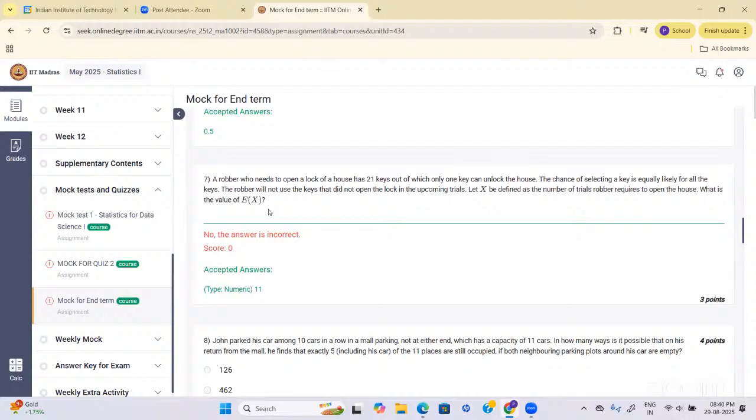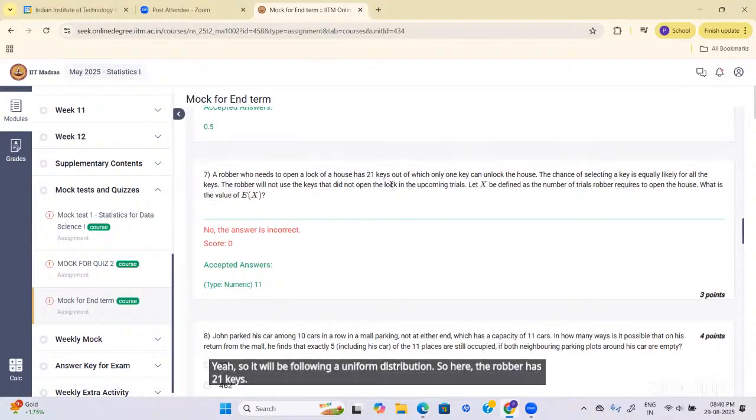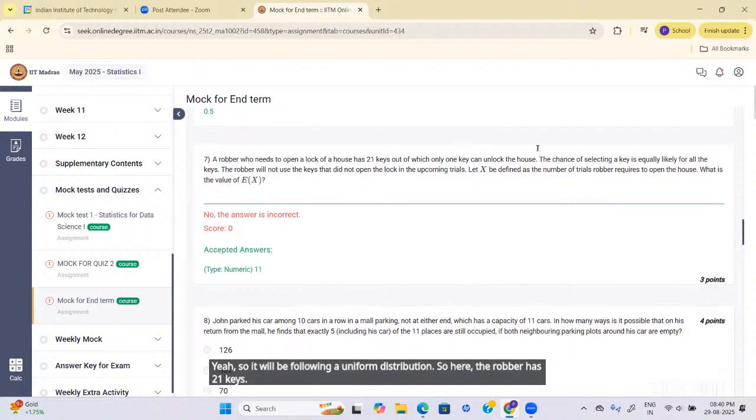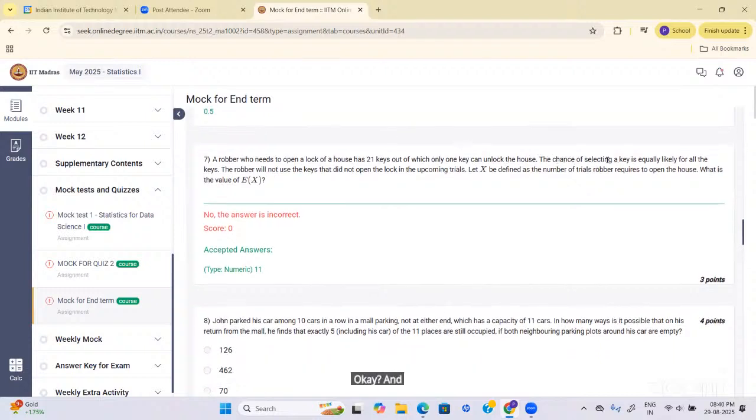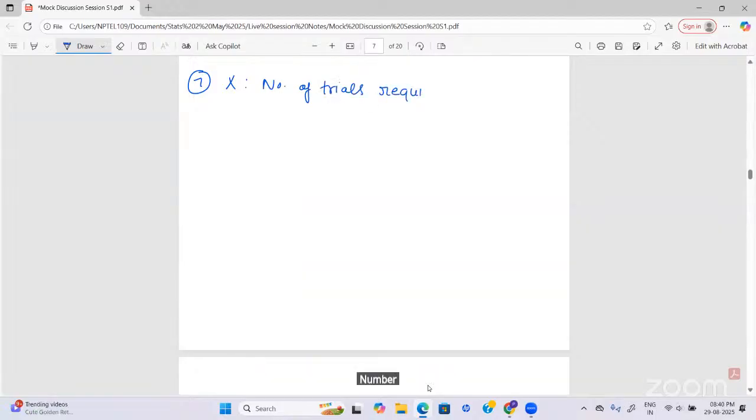It will be following the uniform distribution. So here the robber has 21 keys, and the chance of selecting a key is equally likely. X is defined as the number of trials the robber requires. So we can write that X is a random variable representing the number of trials required to unlock.